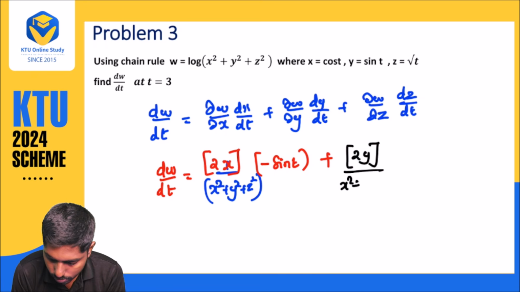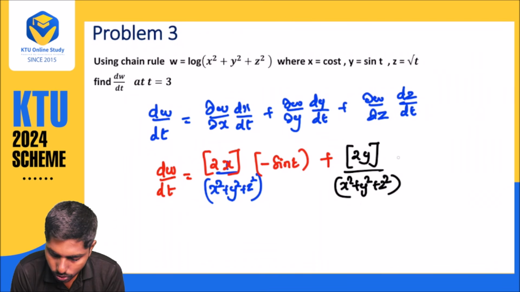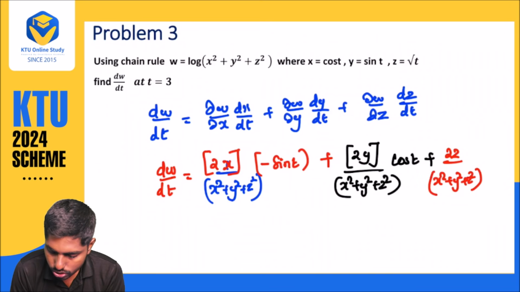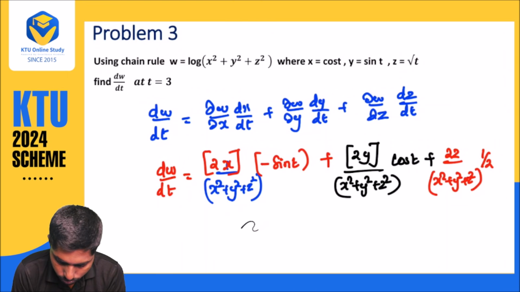Plus 2y divided by x square plus y square plus z square into dy by dt, which is cos t. Plus 2z divided by x square plus y square plus z square into dz by dt. What is dz by dt? That is 1 by 2 into t power minus 1 by 2.